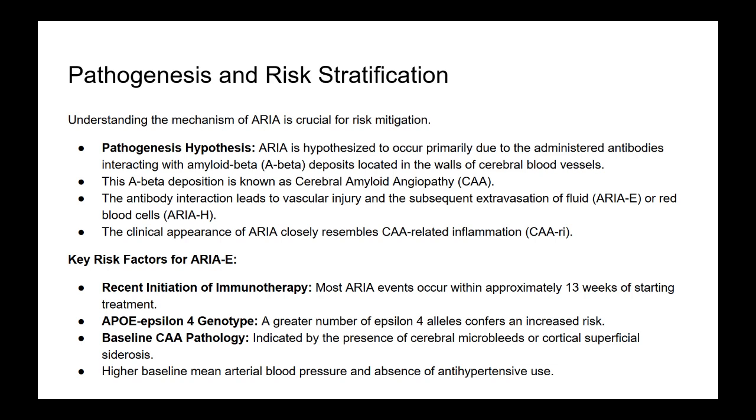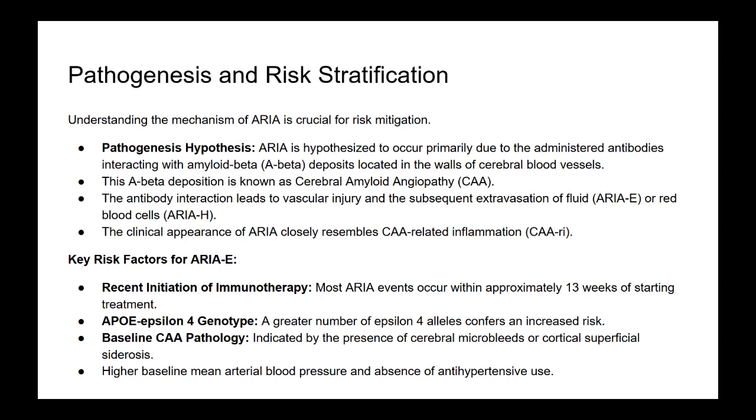Several key risk factors have been identified for developing amyloid-related imaging abnormality with edema. One of the most significant is the recent initiation of immunotherapy, with most cases occurring within approximately 13 weeks of starting treatment. The presence of the ApoE4 genotype is also a significant risk factor, as having more epsilon 4 alleles increases the risk.